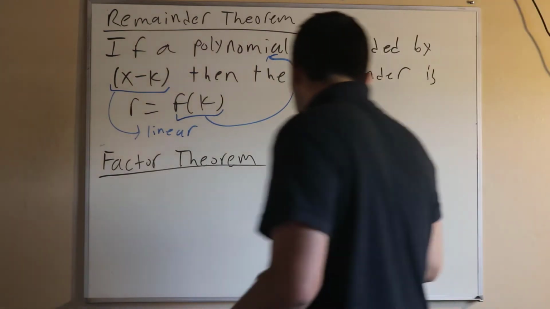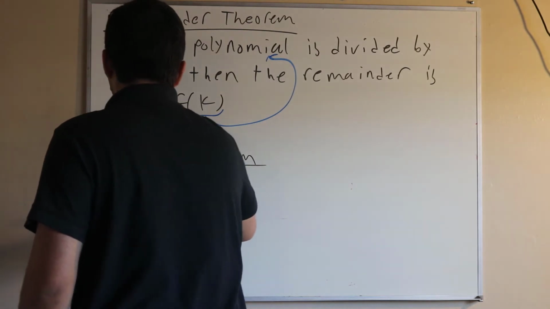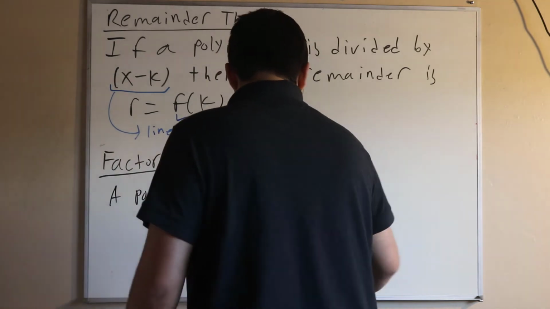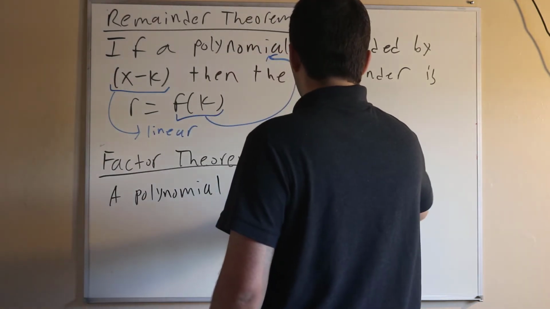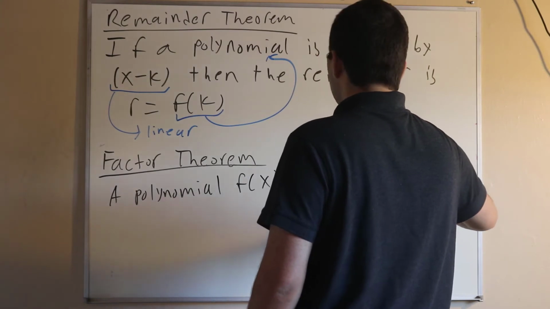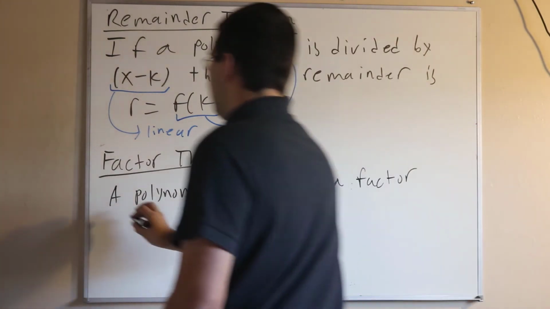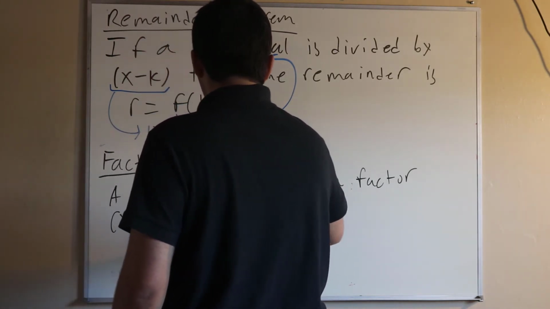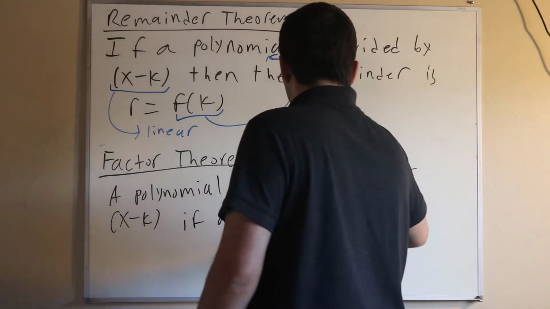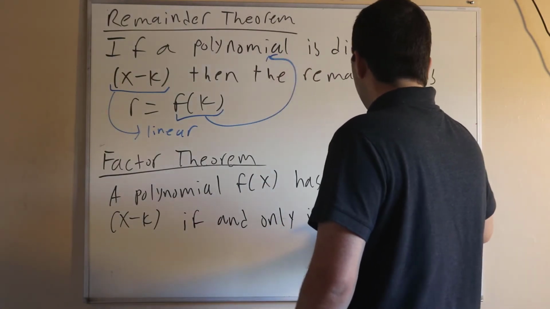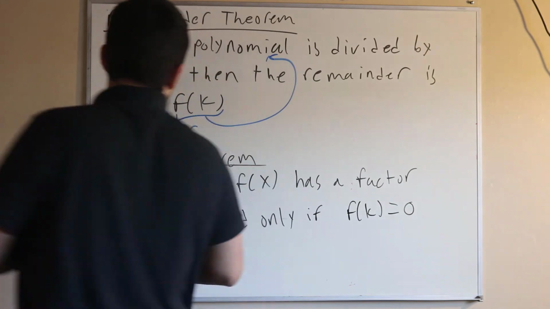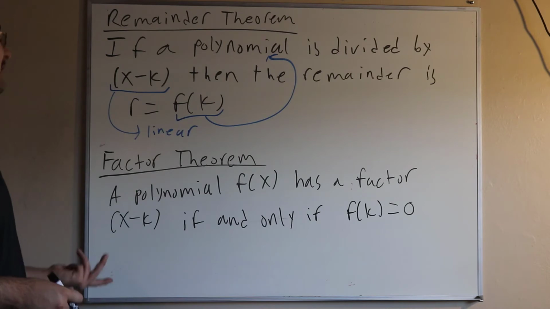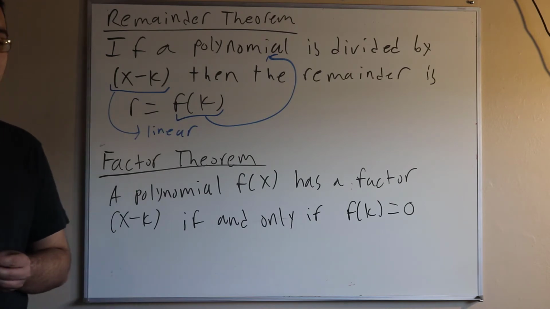So the factor theorem says that a polynomial f of x has a factor x minus k if and only if f of k equals 0. So the factor theorem says a polynomial f of x has a factor x minus k if and only if f of k equals 0.